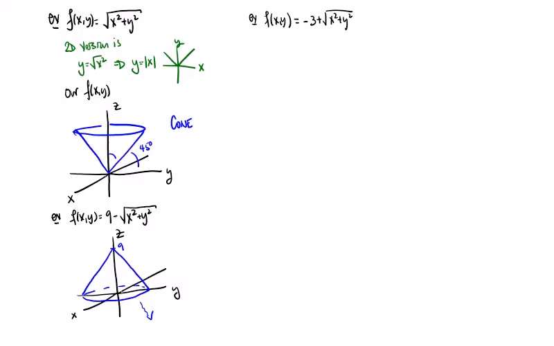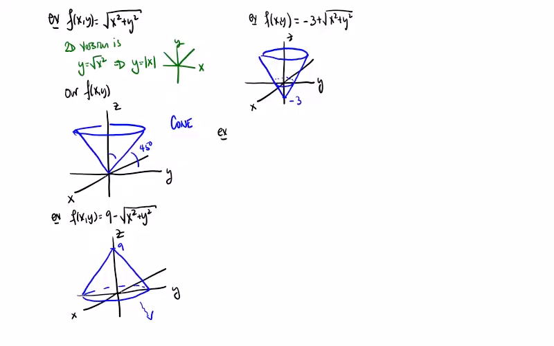This one is shifted down because of the -3, but opens up because of the plus square root. So this one will look something like that. And I'll keep this going beyond the xy plane, just so we have a more complete picture. It cuts through the xy plane in a circle. This is down at -3. And this goes up and up and up forever as well.